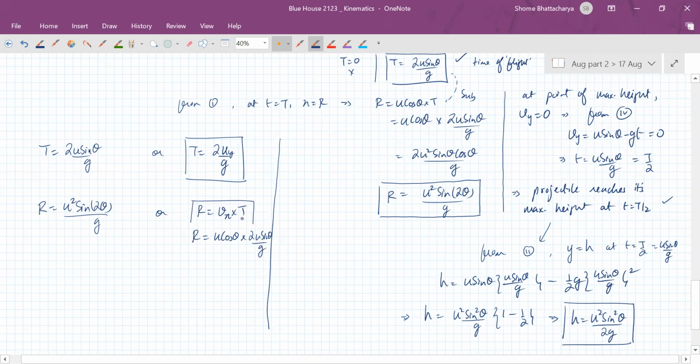So this is also a very effective way of keeping in mind this formula. And the maximum height is u square sine square theta by 2g. This also you can remember in such a way that it's relatable with the vertical motion concept that we had learned earlier. There the maximum height was u square by 2g. Here you just replace u with the vertical component uy or u sine theta.